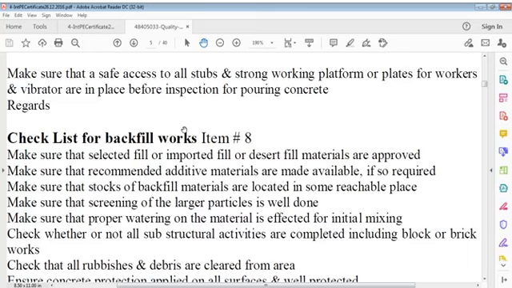This is part of temporary work. Make sure that safe access to all stubs and strong working platform or plates for workers and vibrator are in place before conducting inspection for pouring concrete. This point we have to be clear about.